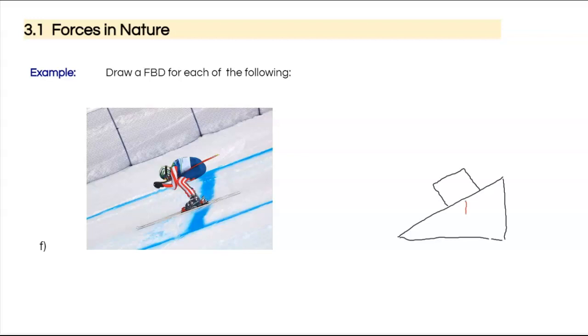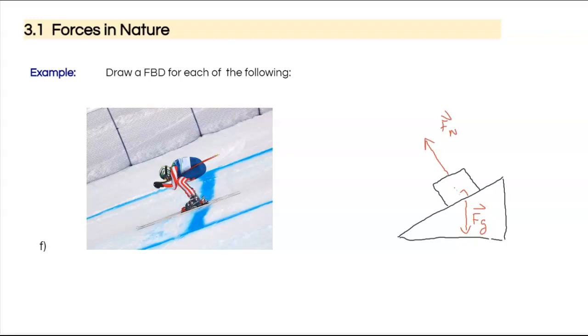So I know for sure there is the force of gravity acting downward. Now, the force of gravity does not always act opposite the normal force. My normal force, you'll remember, is going to act perpendicular to the surface. And since the surface is right here, my normal force is going to act perpendicular to the surface.